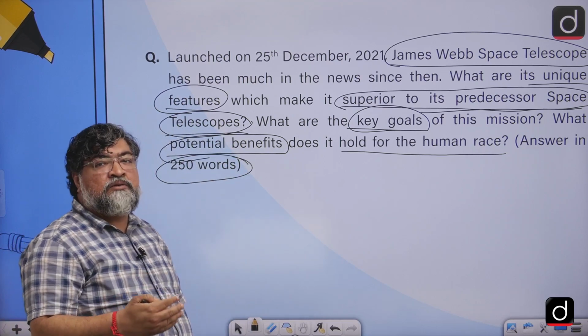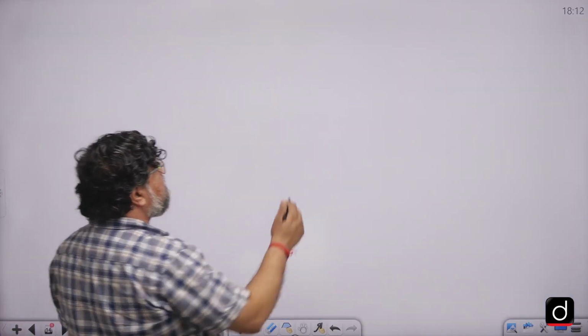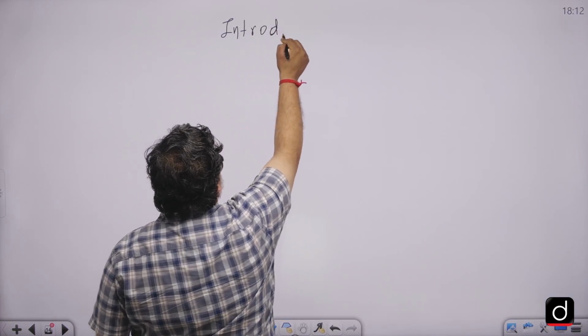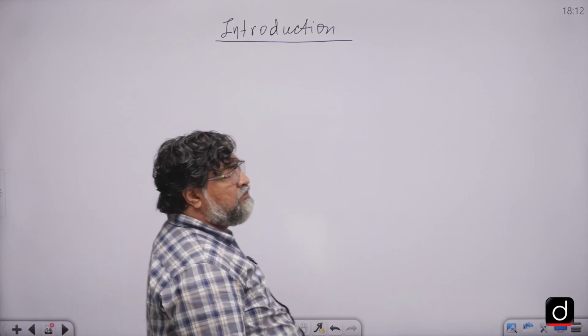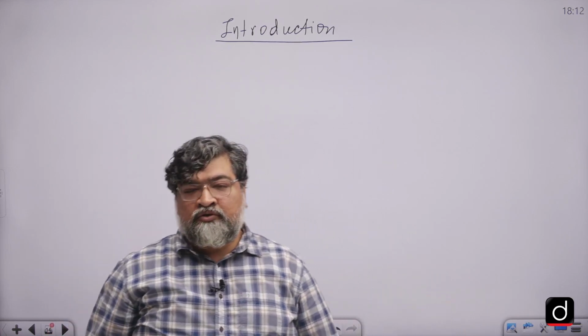Right? Let us go to the model answer here. So the model answer is like this. Introduction. When you start writing the answer, the question has already introduced the date when it was launched.